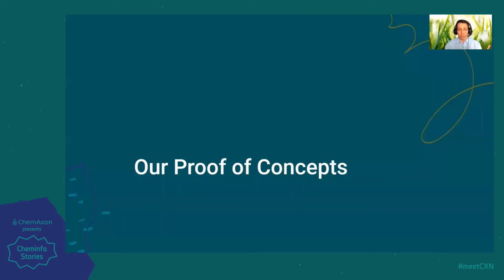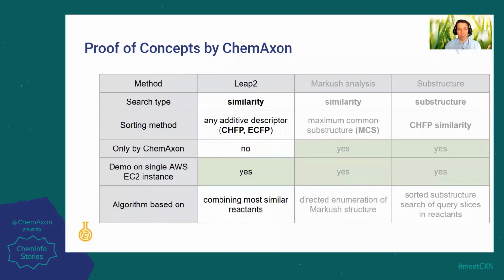In the proofs of concept that I will demo today, we've got 3 of them because they are based on different technologies. I will show them one by one. The first is a Lead-to algorithm that was not invented by ChemAxon. We just implemented it.